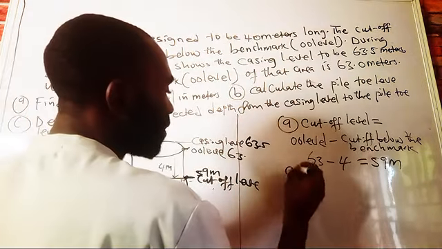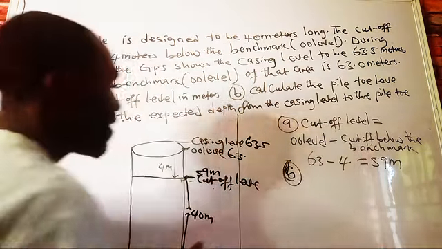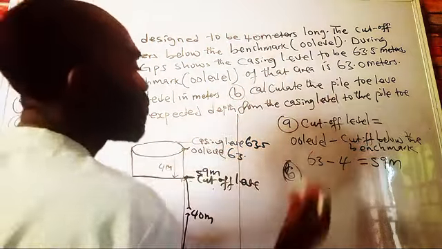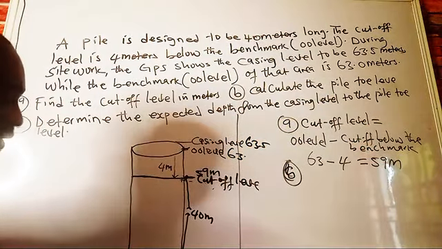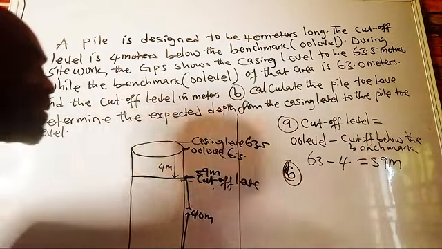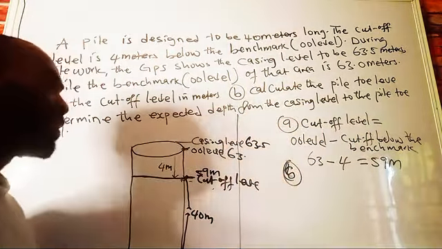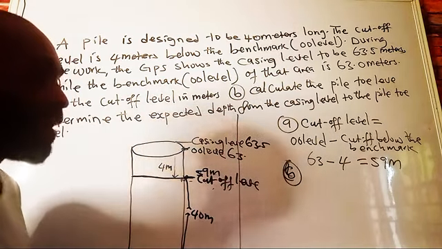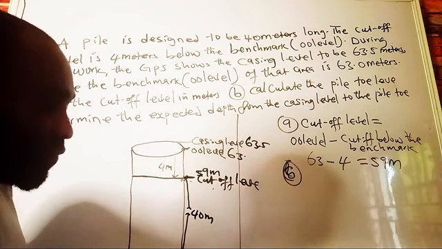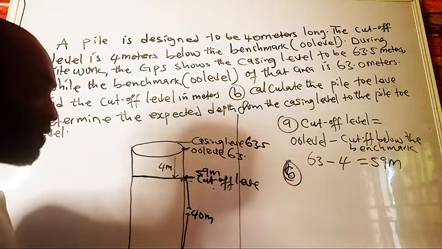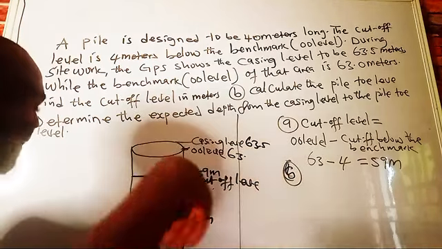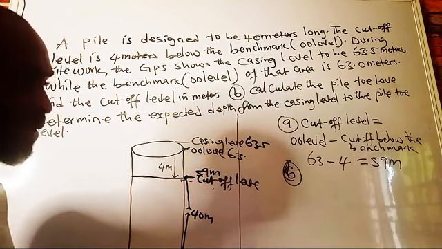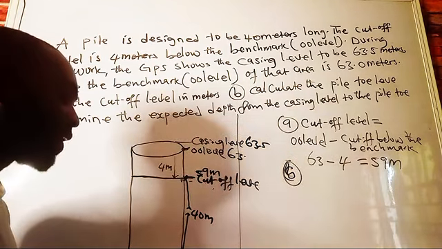So number B: calculate the pile toe level. The toe level is the pile tip. If you drill a pile down, if you cast a pile down to the ground, the tip of that pile is what we call the toe level.